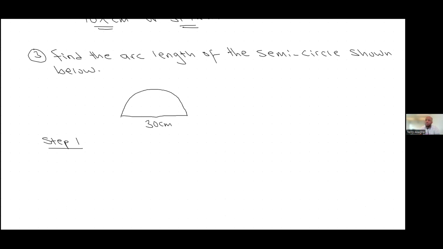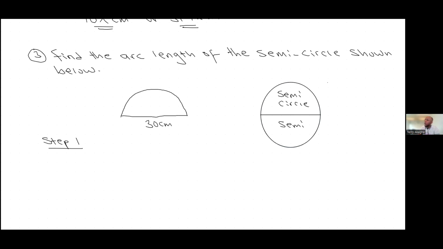Now, it's a complete circle, all right? And when we talk about a semicircle, it means half of a circle. So if you have a circle and you divide it into 2, it's called a semicircle. So you're going to get 2 semicircles.